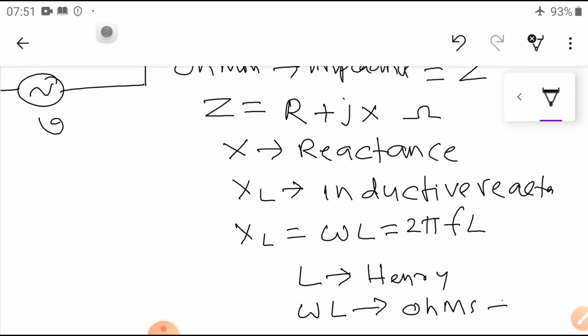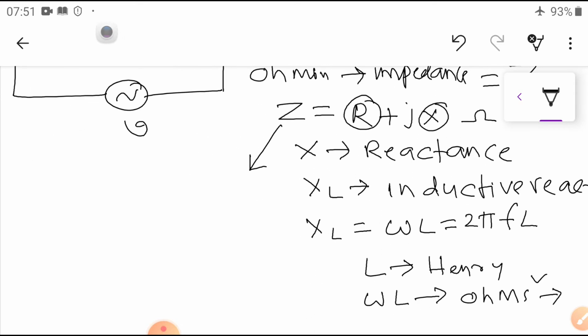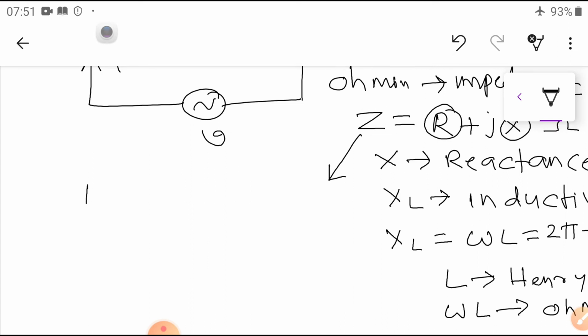So these are the required units. Now if we know this value, I will find the Z value. If the Z value is known, then I will find the current value. I is equal to V by Z here.